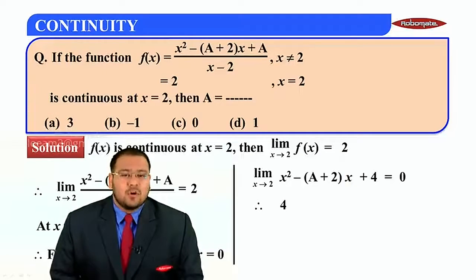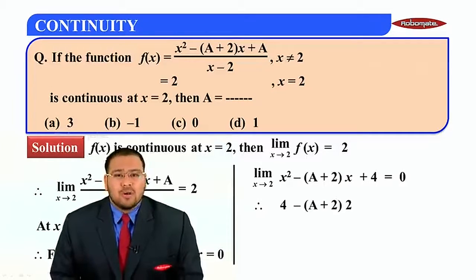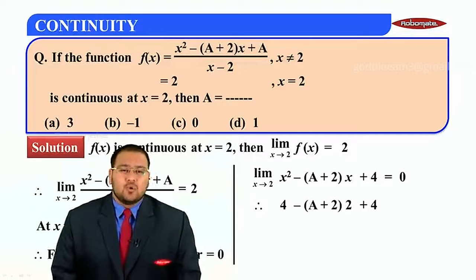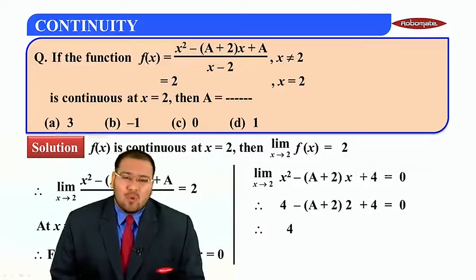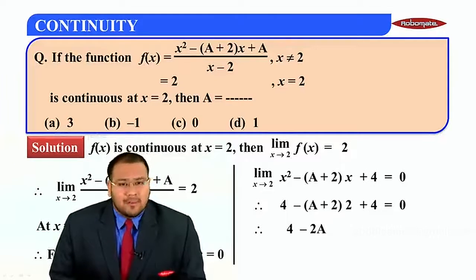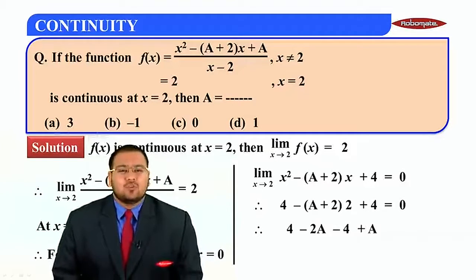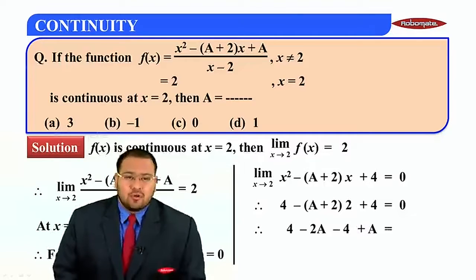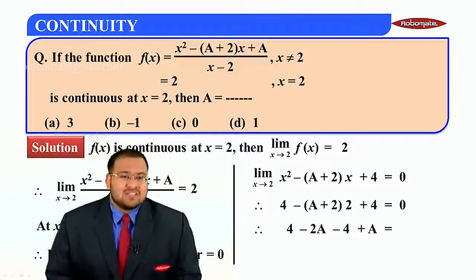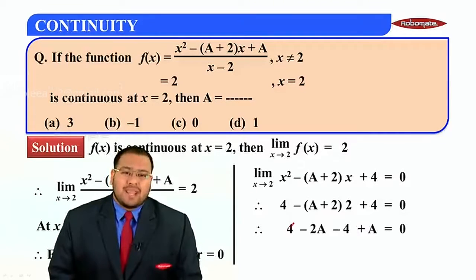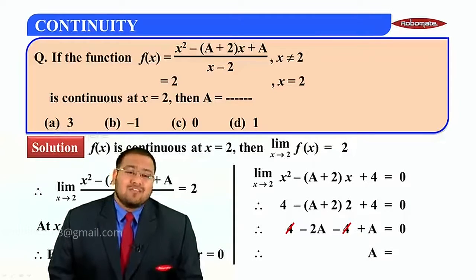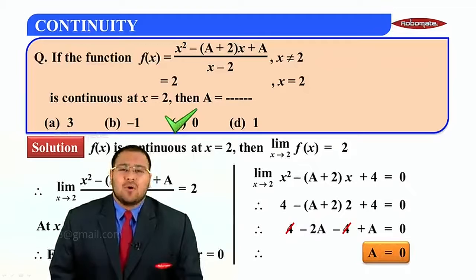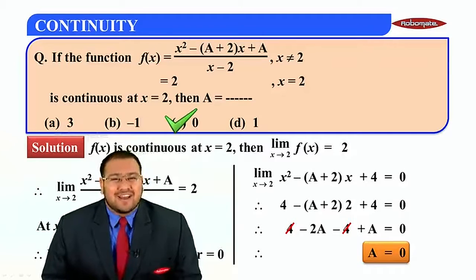So, as you put the value of x, it would be 4 minus a plus 2 into 2 plus 4, which is equal to 0. And while opening the bracket, it would be 4 minus 2a minus 4 plus 4 plus a, which is equal to 0. 4 and 4 get cancelled, and the value of a which you get is 0, and hence option C is the correct answer.